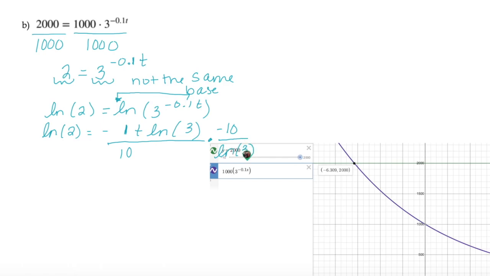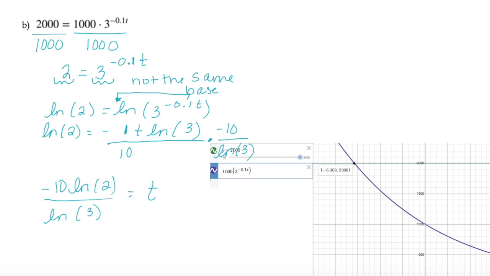So I'm going to do this to both sides so that I have negative 10 times the natural log of 2 over the natural log of 3 equal to t. Since 0.1 is the same as 1/10, we can multiply it by its reciprocal to undo that.